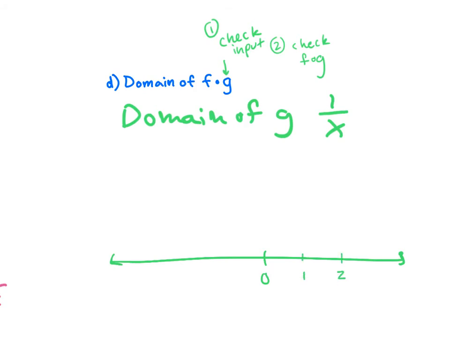Well, x can't be 0. So it could be 1, it could be anything except 0. So we would just put a hole here at 0, and it could include anything to the left on our number line and to the right. So it just cannot include 0.